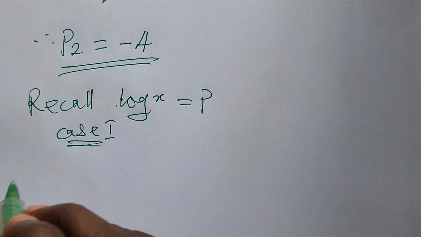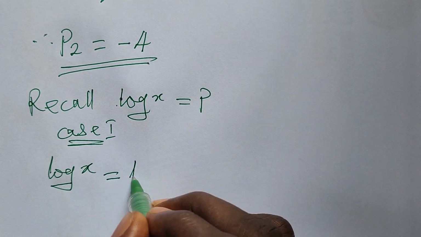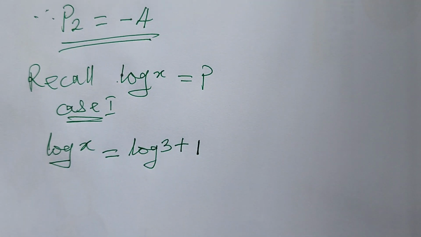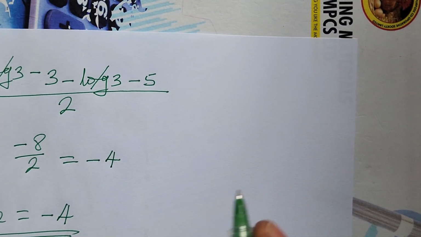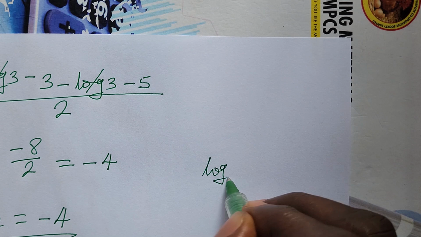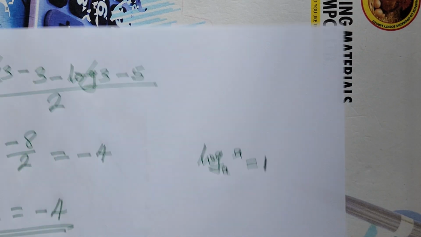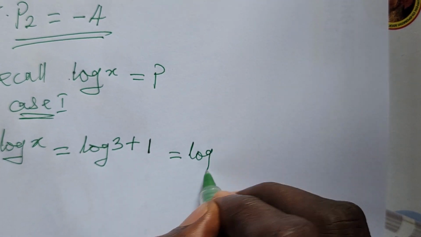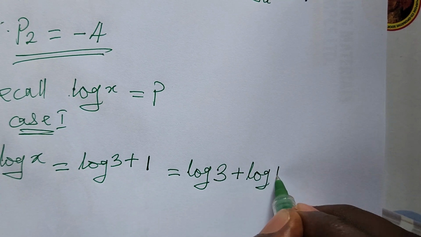Our case 1 is going to give us log X is equal to log 3 plus 1. Now our 1 could be written as log 10 base 10. Remember that because log A base A is equal to what? 1. So we can replace that here. So this is automatically going to give us log 3 plus log 10.